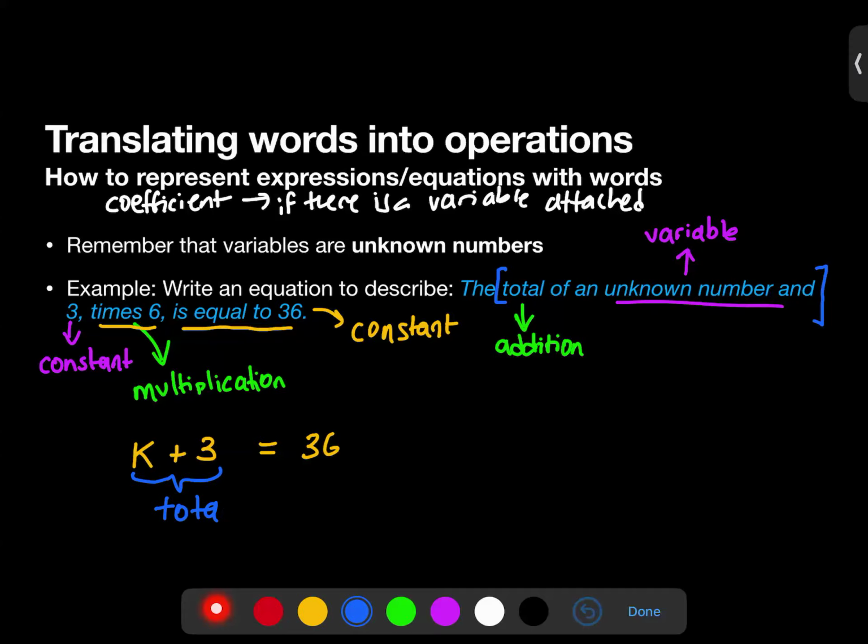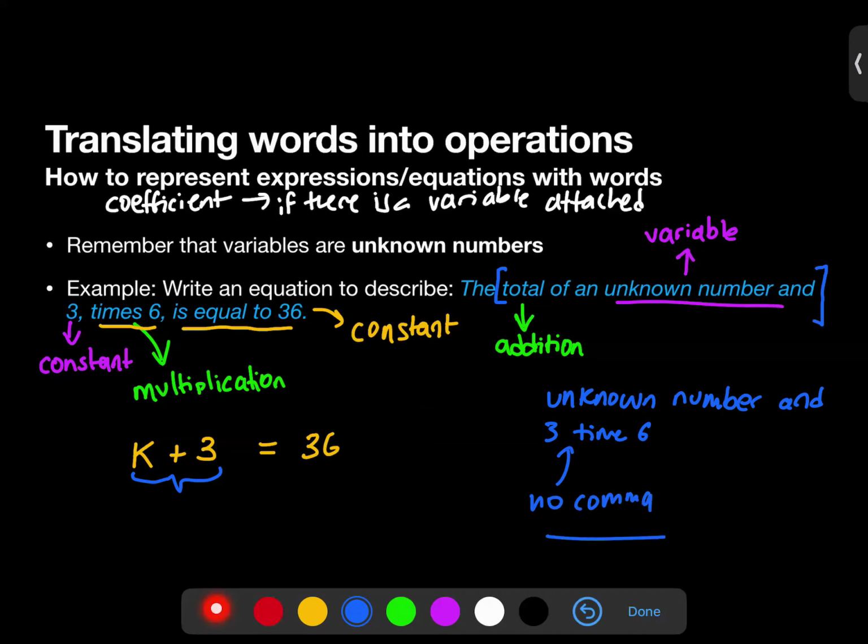If it were to say, the total of an unknown number and 3 times 6, notice there's no comma, then in this case, we will multiply only the 3 by 6.